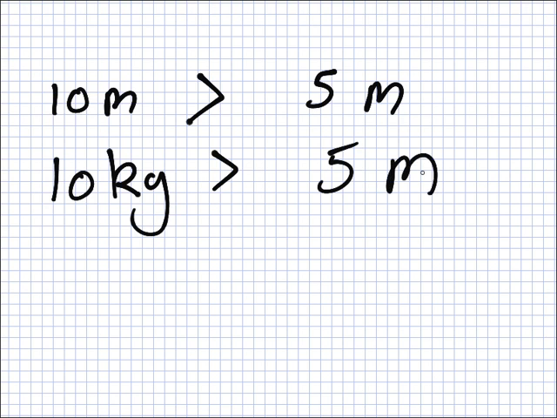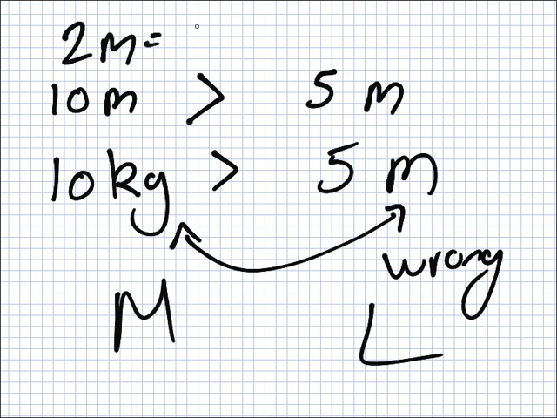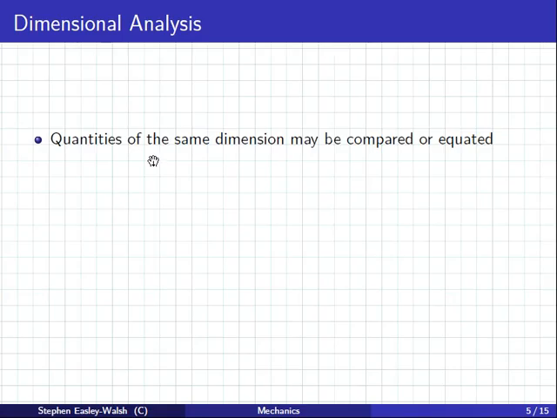It's wrong. Why? It's the wrong unit, the wrong dimension. This is mass, and this one here is length. Not good. I could say something like 2 meters equals 1 meter plus 1 meter. That's fine. So that's what I mean when I say same dimension, you can compare or equate.